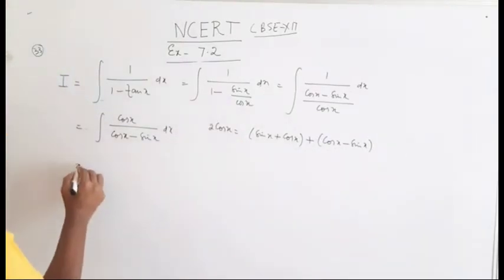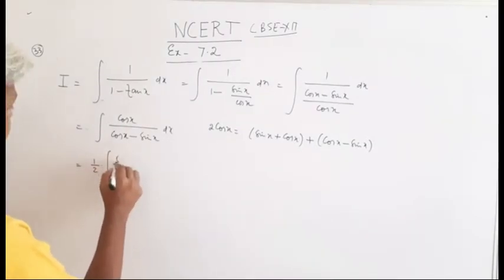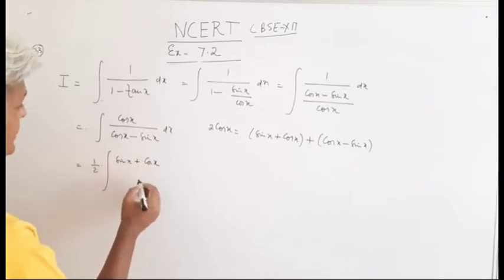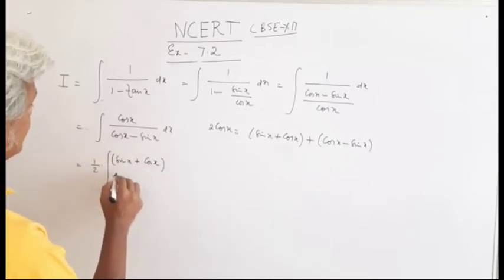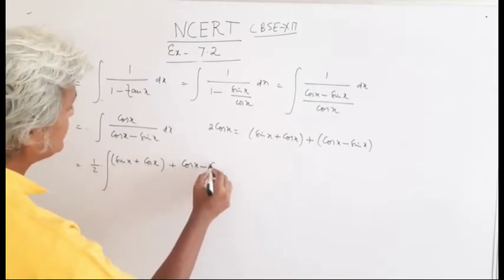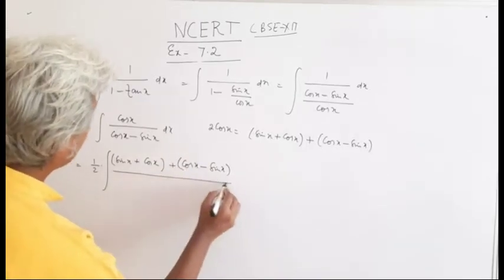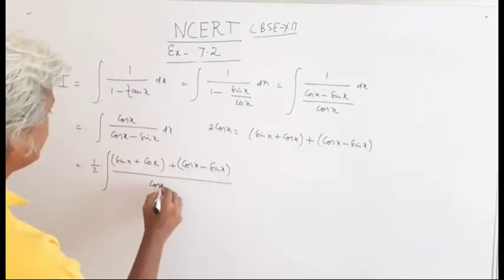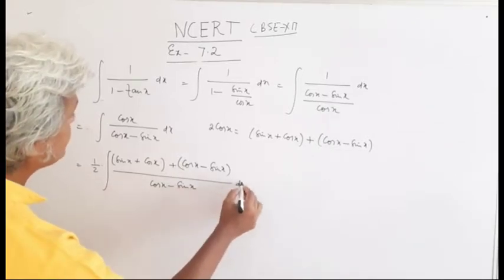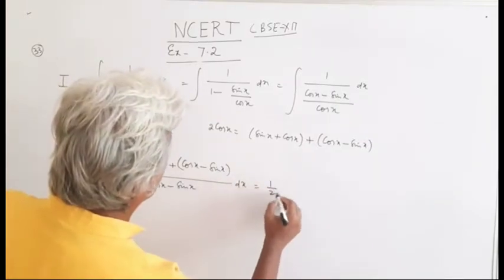So I write half here outside, and this becomes sin x plus cos x plus cos x minus sin x, everything divided by cos x minus sin x dx, and this breaks down as 2 integrals.